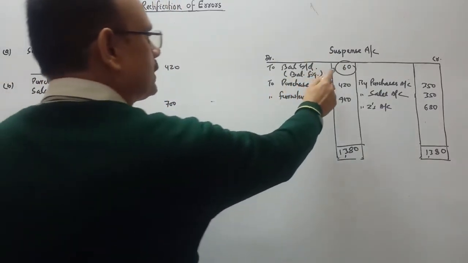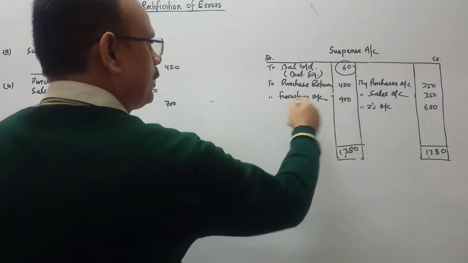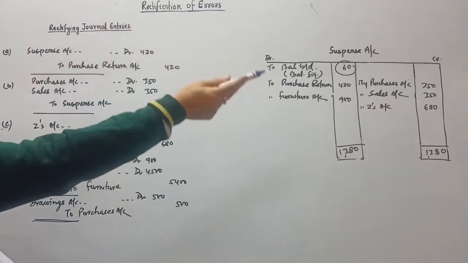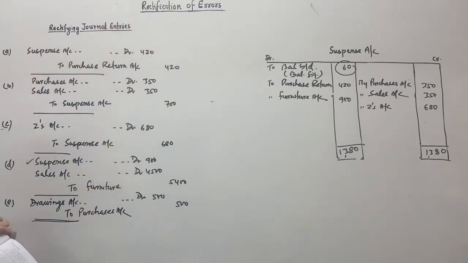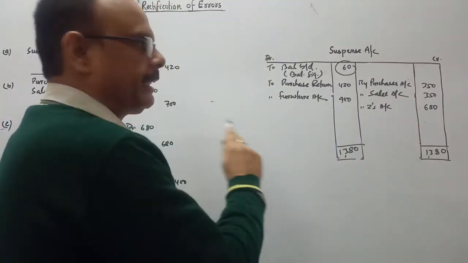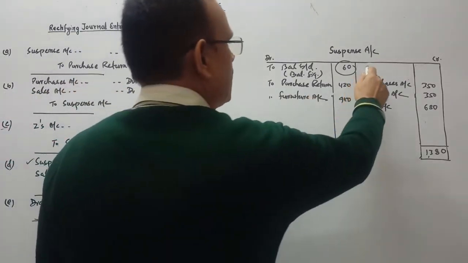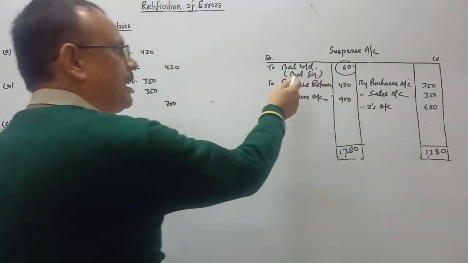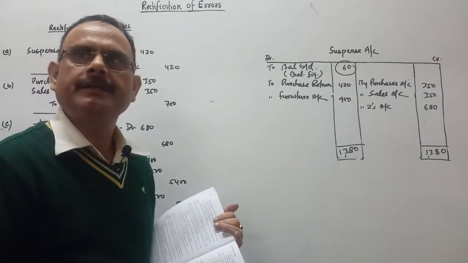You have to find this figure by posting all the entries to the suspense account. From the rectifying journal entries you post to this ledger and then see which side is more or less. Accordingly you write the balance brought down. If this side total is more, you write by balance brought down on that side, and if the credit side is more, then you write to balance brought down on the debit side.